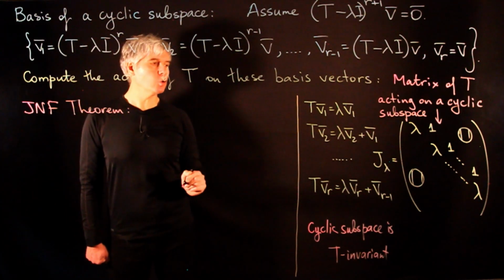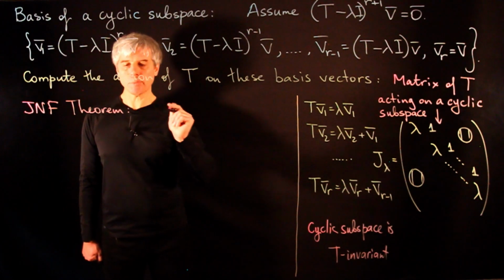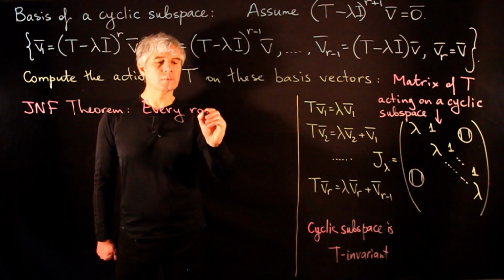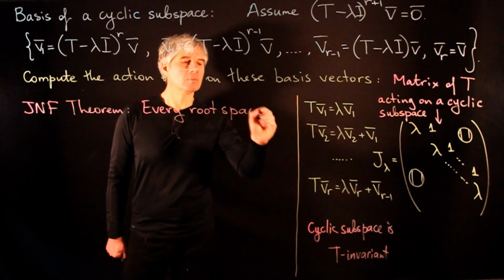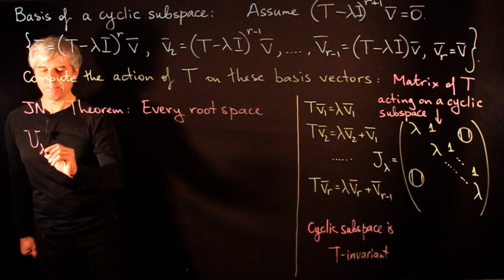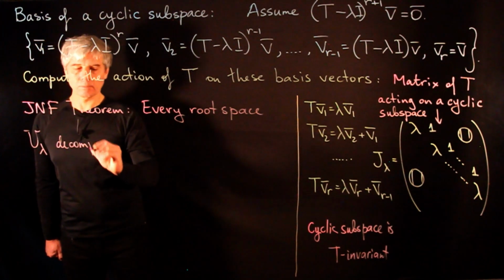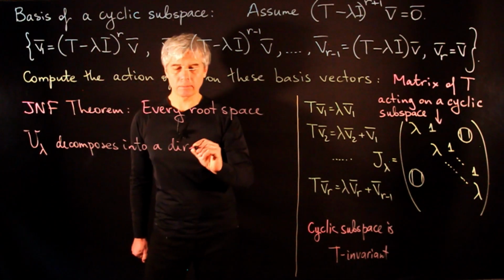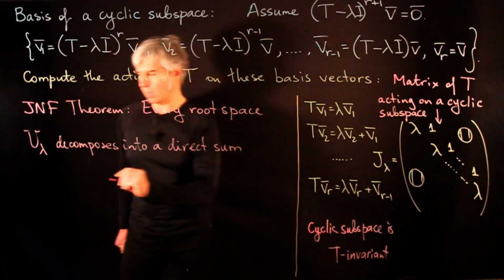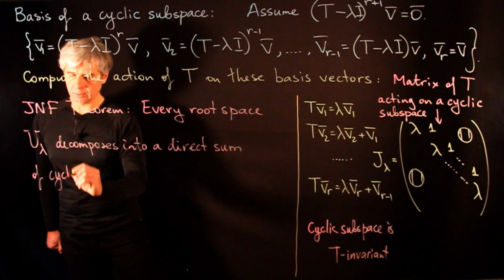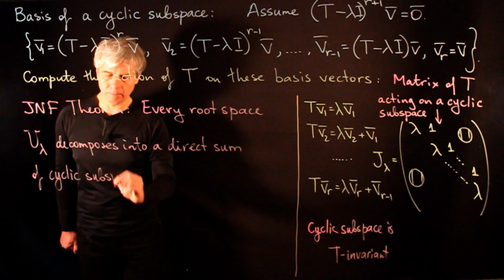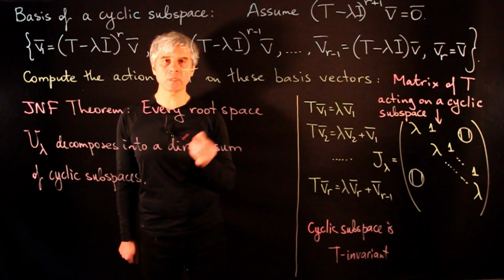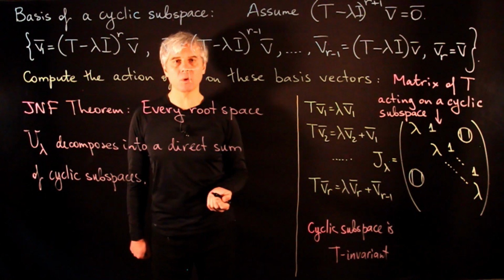Since we observed that Jordan blocks correspond to cyclic subspaces, then we can state that every root space U_lambda decomposes into a direct sum of cyclic subspaces. And each of these cyclic subspaces will produce the corresponding Jordan block.